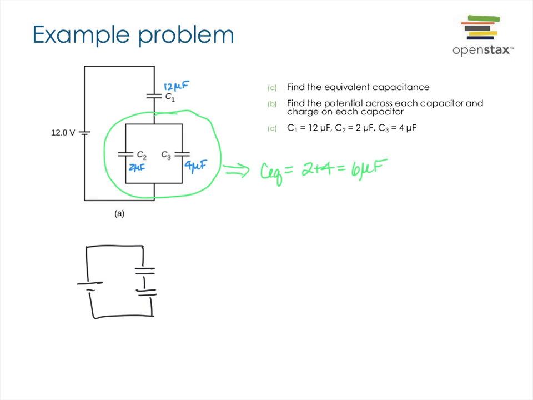Now I've simplified it to 2 in series. One is 12 microfarads and the other one, the one I just found, is 6 microfarads. My battery's 12 volts. And now these two are in series. I'll take 1/12 plus 1/6 is 1 over the equivalent.